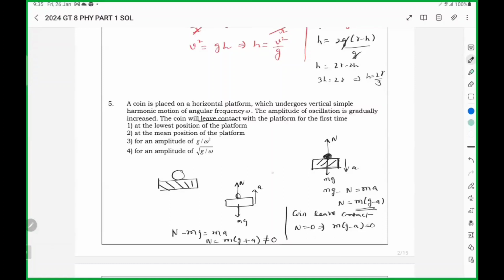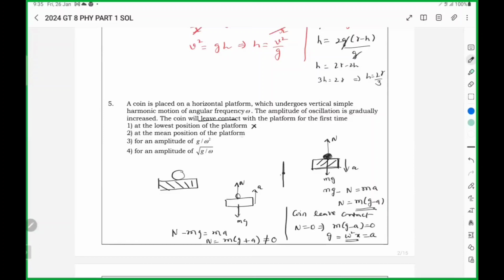Since it executes SHM, acceleration is nothing but omega square x. So g equals a, which is omega square x. That is when it loses contact.